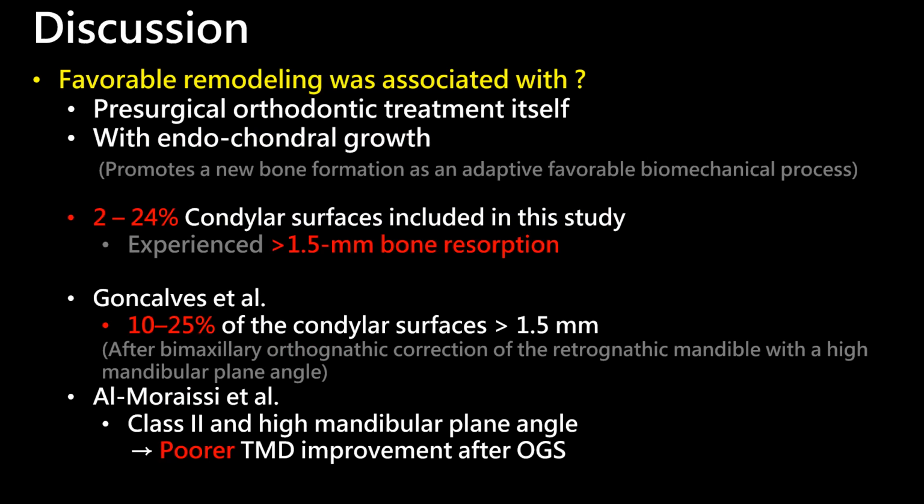It will promote new bone formation as an adaptive, favorable biomechanical process. And 2 to 24% of condyle surfaces, including in this study, have experienced over 1.5 millimeters of bone resorption. Another study has shown a similar result: 10 to 50% of the condyle surface has resorption over 1.5 millimeters.